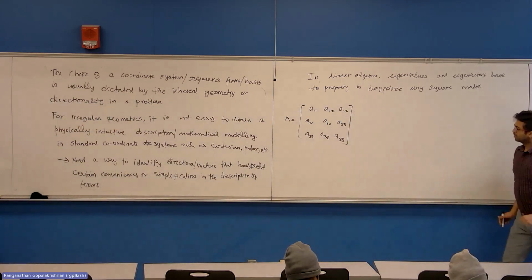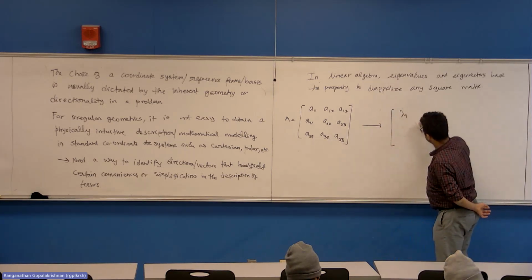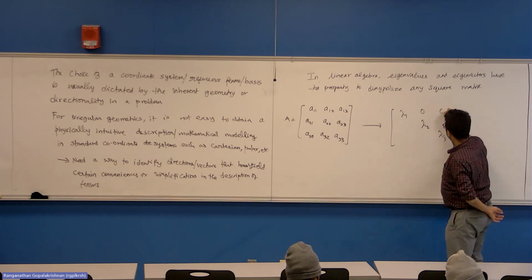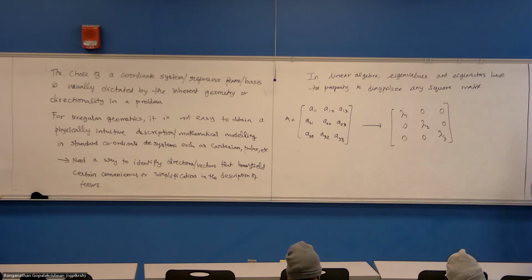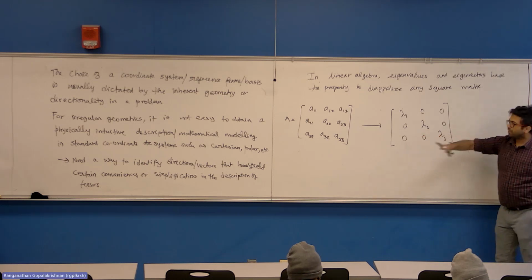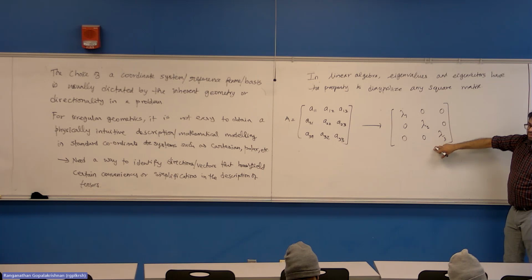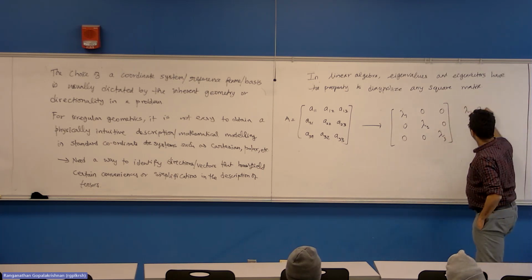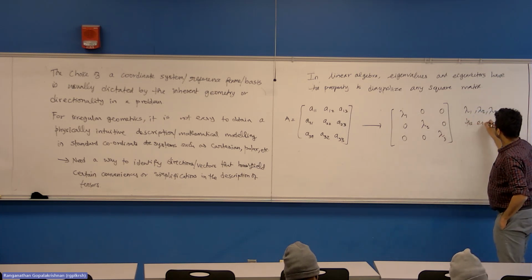The matrix A can be represented in a form which looks like a diagonal matrix whose elements are, let's say, lambda 1, lambda 2, lambda 3, and all off-diagonal elements are 0. Not any matrix, any invertible matrix can be reduced to this form, and these values lambda 1, lambda 2, lambda 3 are the eigenvalues.